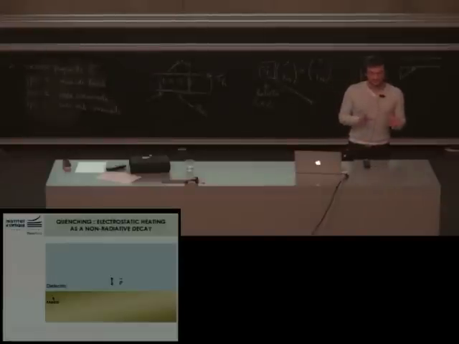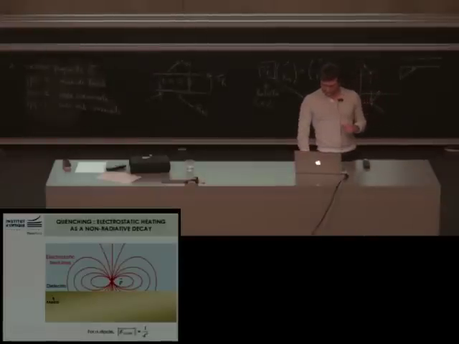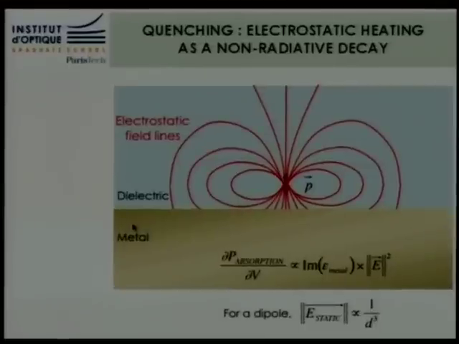So the absorbed power is proportional to the intensity of the electric field, and the electrostatic amplitude varies as the inverse cube of the distance to the dipole, which means that if the dipole is too close to the interface, all the emitted power will be absorbed by the metal, and we call this decay channel quenching.